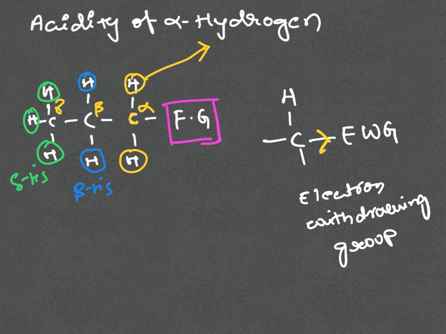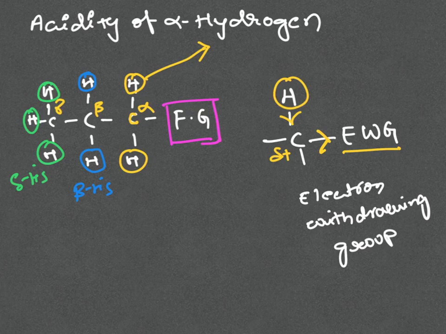The bonded pair of electrons between the carbon and the electron withdrawing group is strongly attracted towards the electron withdrawing group side. As a result, alpha carbon will develop a positive charge. Once alpha carbon develops a positive charge, to nullify this, alpha carbon drags carbon-hydrogen bonded electrons toward itself. As a result, this hydrogen is held very loosely. Hence, it loses H plus easily, and H plus donors we call as acids.